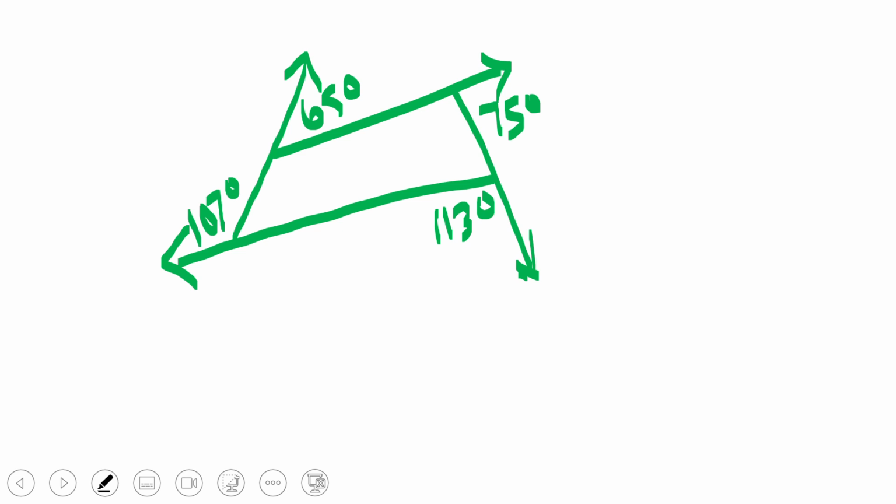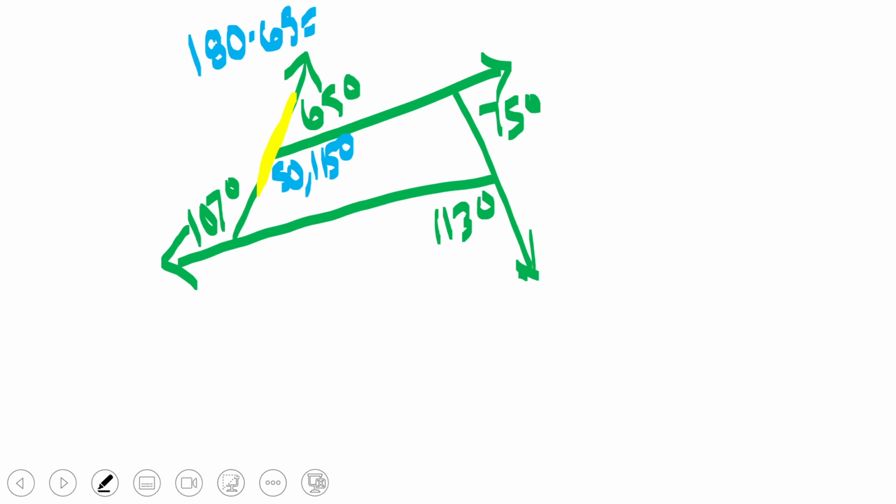Alright, so on this line right here, 65, we have an acute angle. That means on the other side, you're going to have an obtuse angle, 180 minus that 65 equals what? Okay, so this angle is 115 degrees here on the other side.